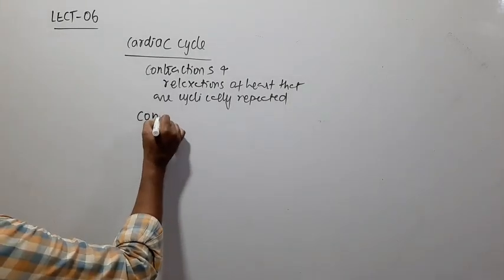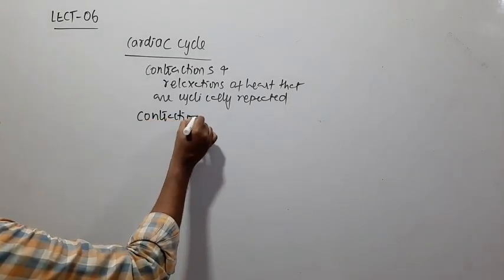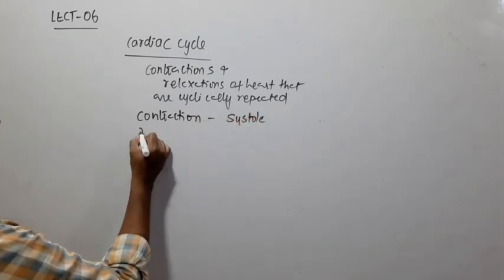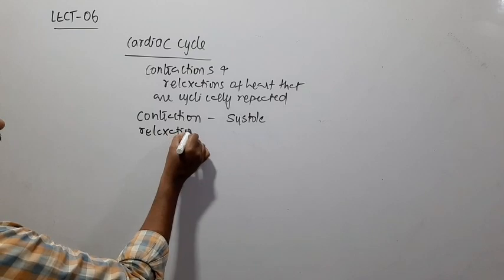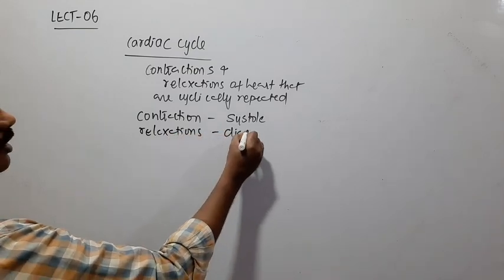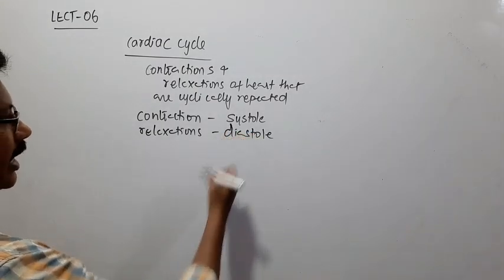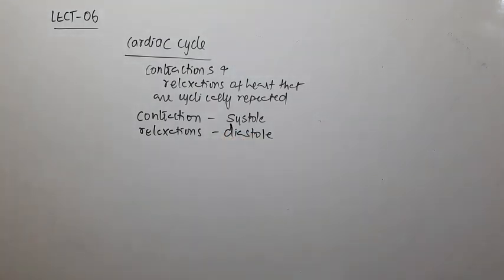The contractions are called systole, whereas the relaxations are called diastole. So systole means the contraction of the heart, and diastole means relaxation.